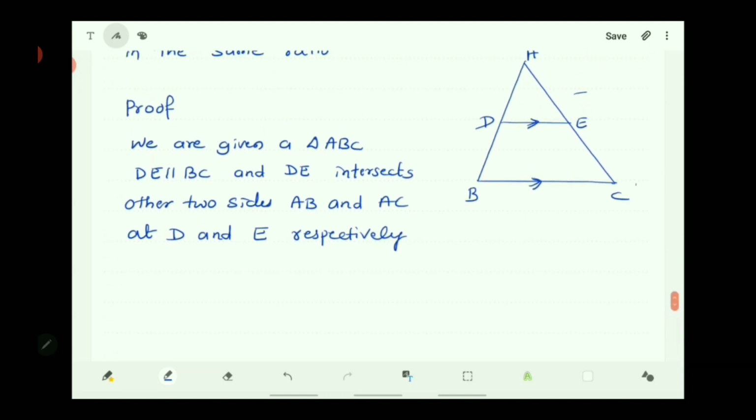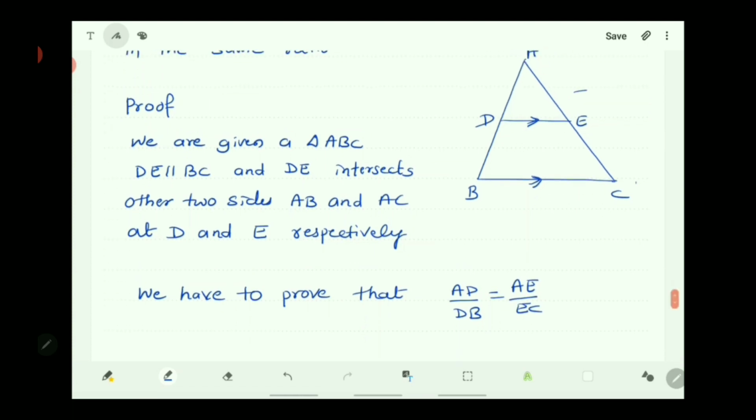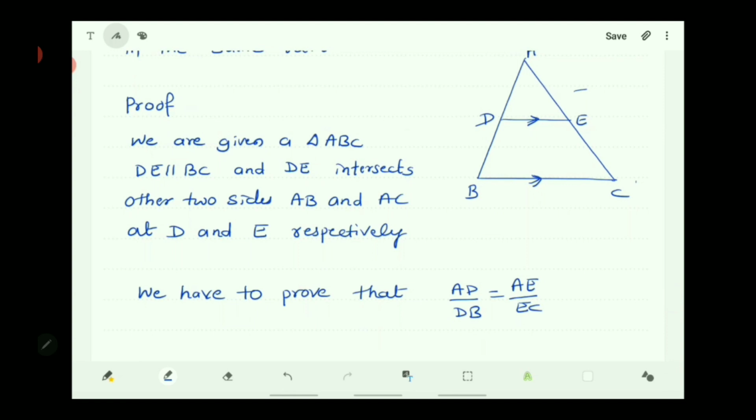Next, what we have to prove? We have to prove that AD by DB is equal to AE by EC. Here DE is parallel to BC and we have to prove that AD by DB is equal to AE by EC. For this there is a necessity of construction.